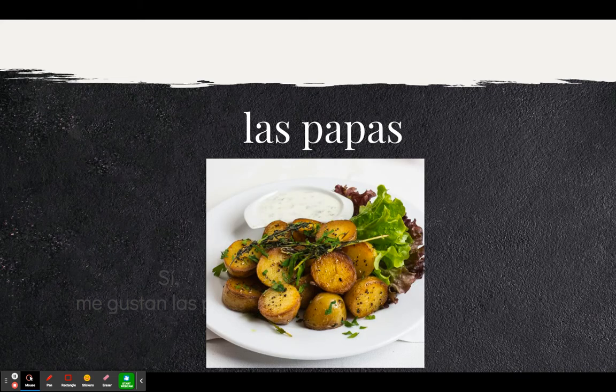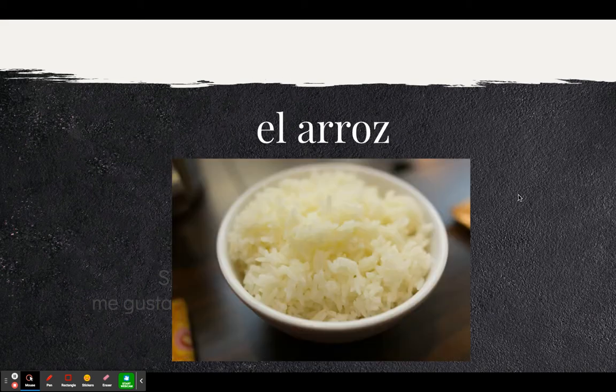Las papas. It's very important to remember this is las. Okay? El Papa is the Pope, the head of the Catholic Church. So make sure you say las papas. El arroz.